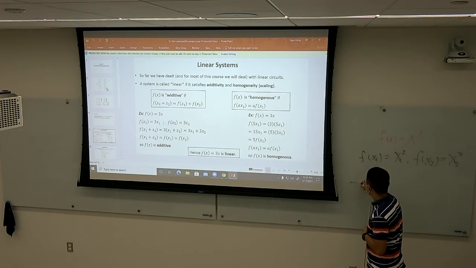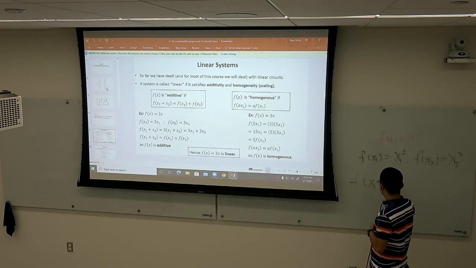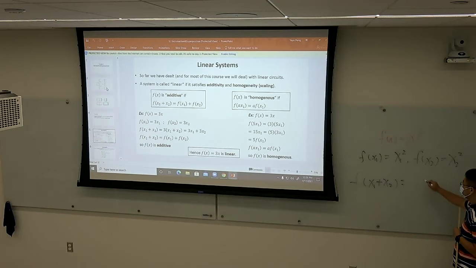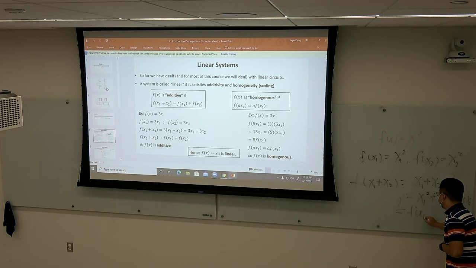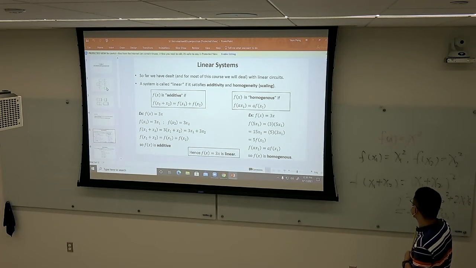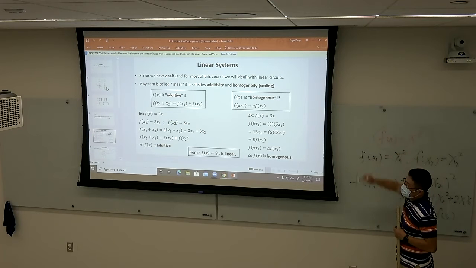What is f(x1 plus x2)? It equals (x1 plus x2) squared, which equals x1 squared plus x2 squared plus 2 times x1 times x2. Is that equal to f(x1) plus f(x2)? They are not equal. So this function is not linear.